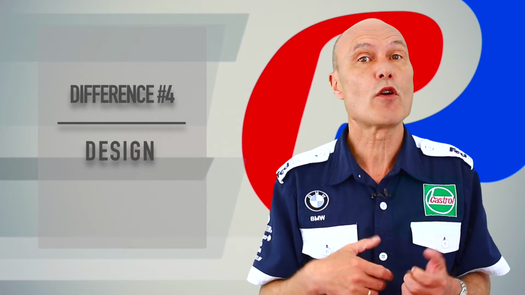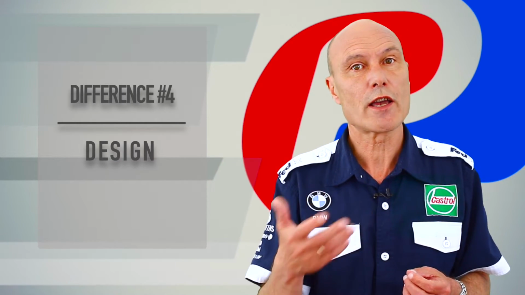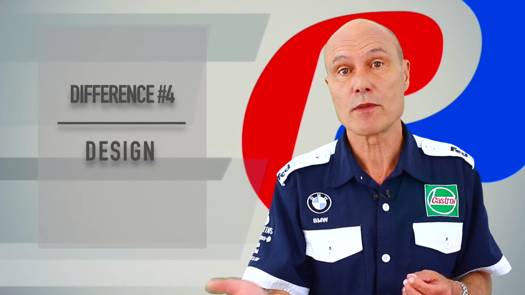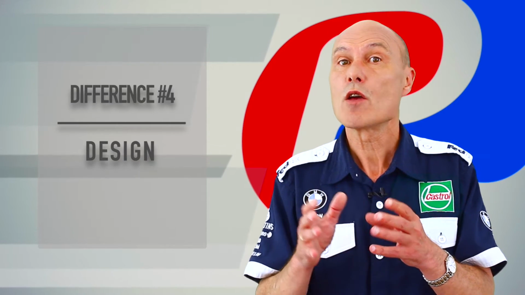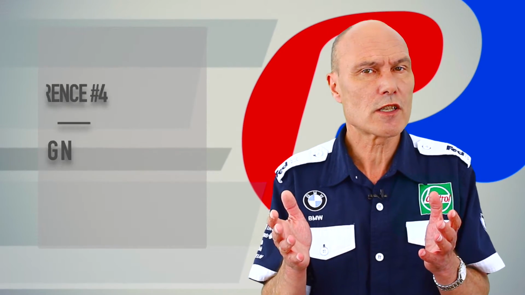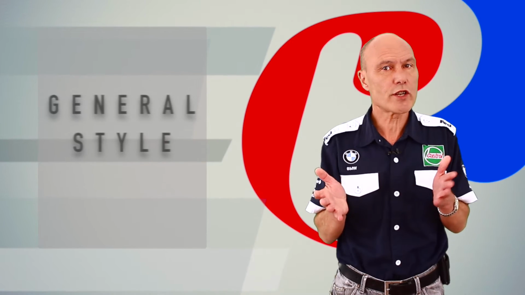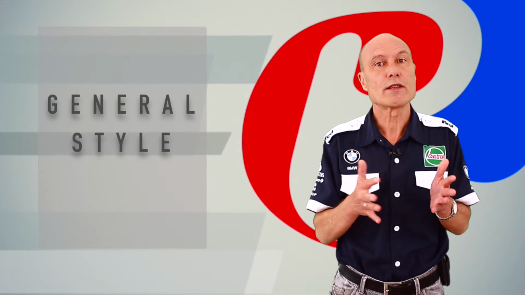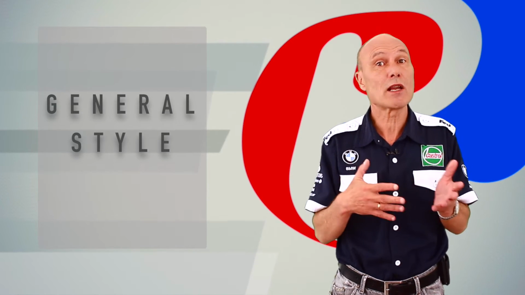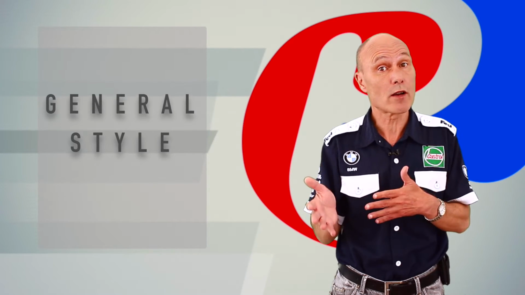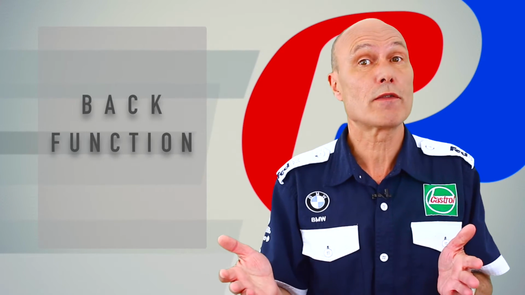Difference number 4, design. Here I've picked up on the major differences between iOS and Android app development in terms of design, because it's a tricky topic for discussion. Number 1, general style. Natural and soft for Android apps, plain and minimalistic for iOS apps. Number 2, back function.